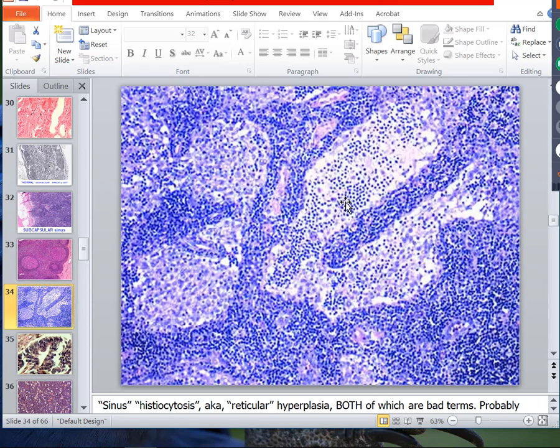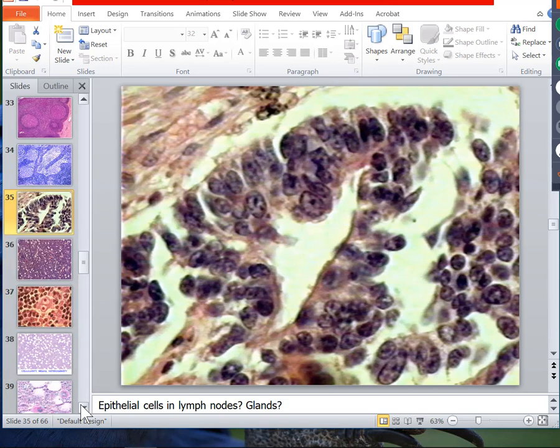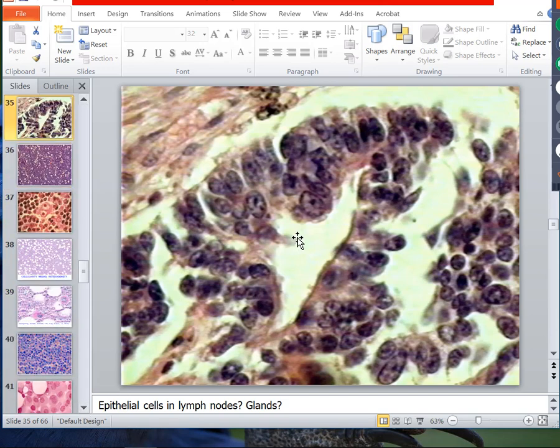Okay? And of course, we all said we're going to realize instantly that any epithelial or glandular structure, even if you have to prove it by doing epithelial or glandular markers, inside of a lymph node is going to be metastasis.